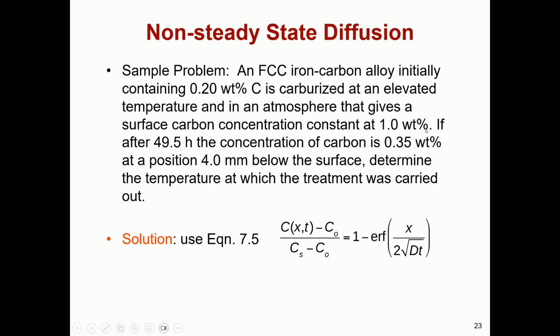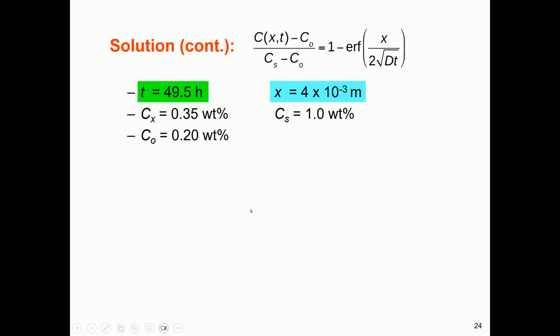After 49.5 hours, the carbon concentration is about 0.35 weight percent at a position 4 millimeters deep. Determine the treatment temperature. We already have the solution, but without the table we cannot obtain it.